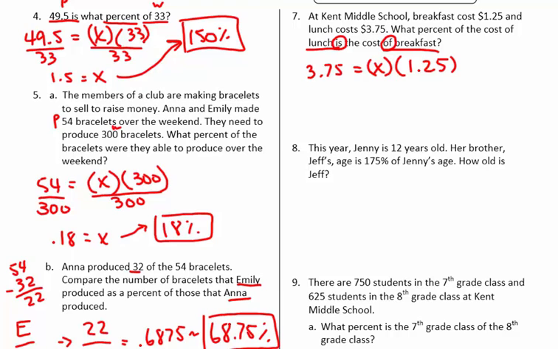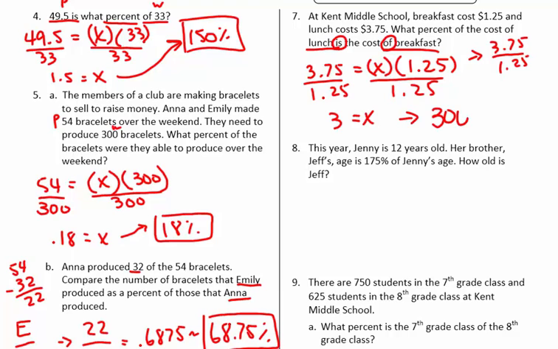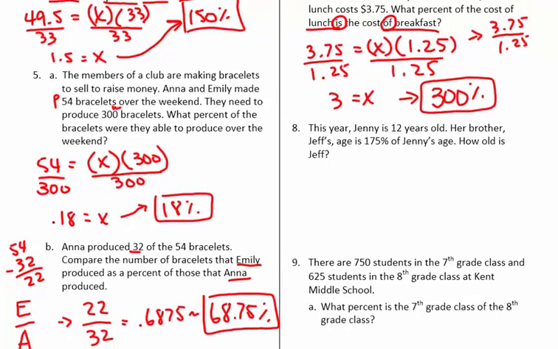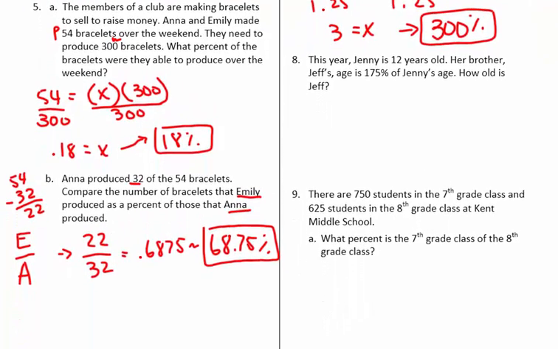We could also write it as a ratio right away, comparing lunch to breakfast, 3.75 over 1.25, and I'm showing you can use the equation still, because when we divide by 1.25, we get the exact same ratio as over here. So we get 3 equals x. I move the decimal over 2 places to the right, so 300%. So the cost of lunch is 300% more than the cost of breakfast. That's what that tells us when we get a percent more than 100.